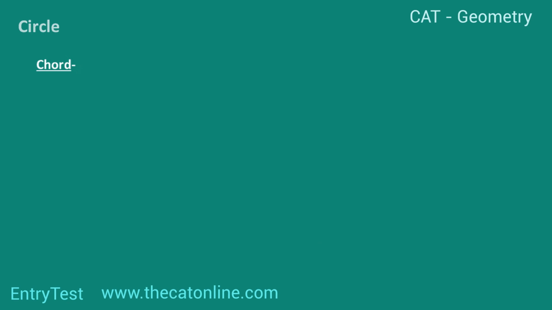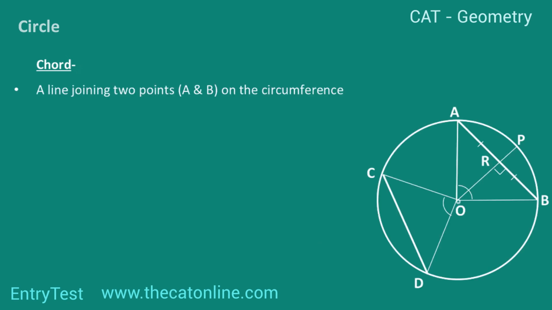Talking about the next concept of chord, I would say a line joining 2 points on the circumference of the circle forms a chord. So if you randomly select any 2 points on the circumference of the circle and join them with a line passing through the circle, it is known as a chord.